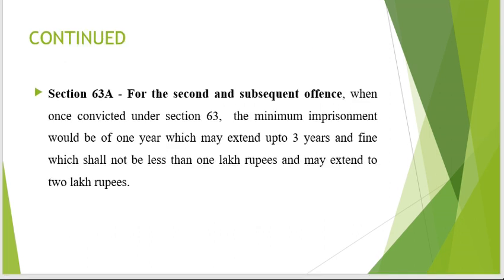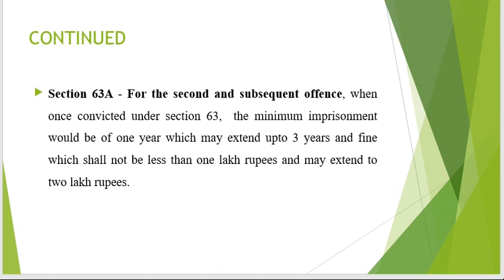Now let's move on to section 63A. This talks about when the person who has been convicted under section 63 before has again committed the copyright infringement act and is convicted again. So that person would be dealt with under section 63A.